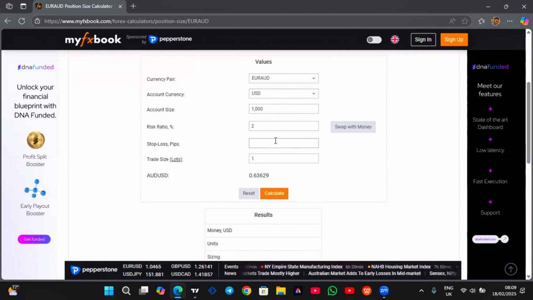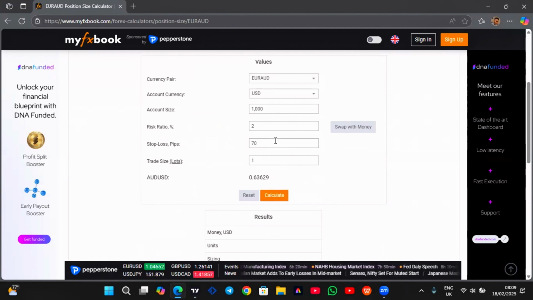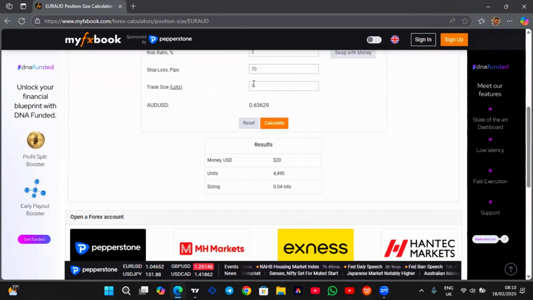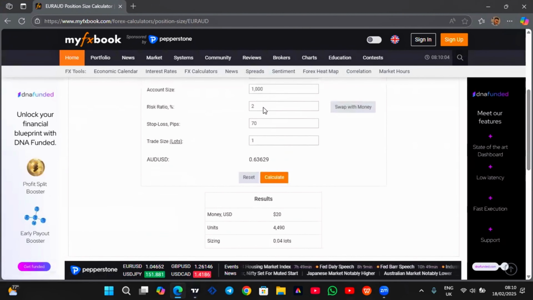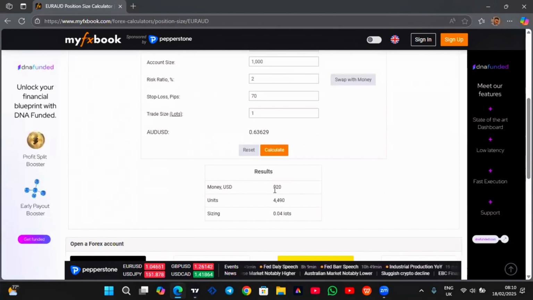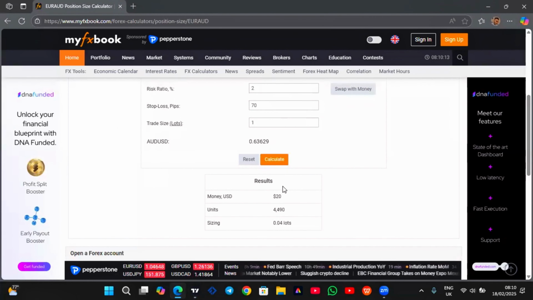Then the stop loss of my entry is 70 pips. So go ahead and calculate. For me to risk 20 USD on a 70 pip stop loss on a $1,000 account, I have to use a lot size of 0.04, as you can see right here, 0.04.